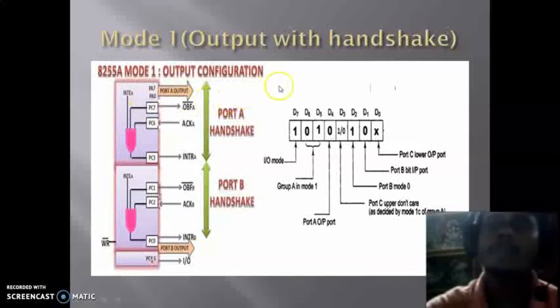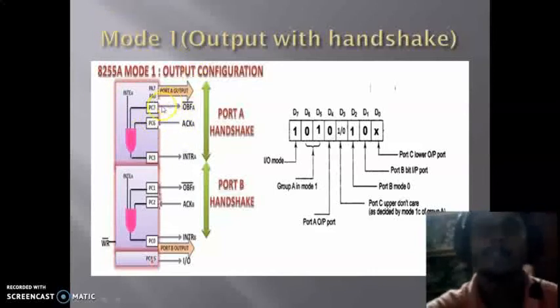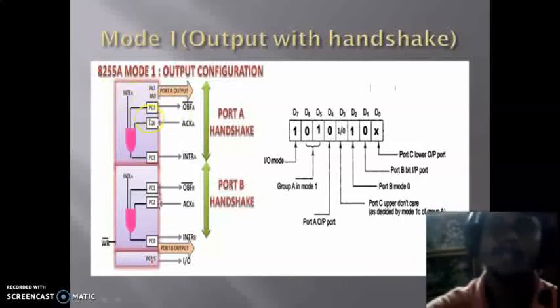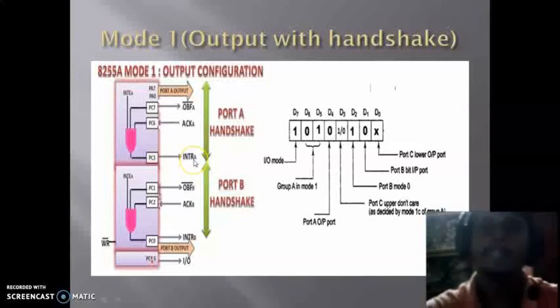After receiving the data, the peripheral device will send an acknowledgement signal to the 8255A, telling that it has already received the data. After the activation of all these signals, OBF A bar and ACK bar, INTR will be generated, and this INTR signal is sent to the microprocessor, telling that the data sent by the microprocessor has been received, and the next data can be sent from the 8085 microprocessor to the 8255A. The same operations can be made by using port B also.